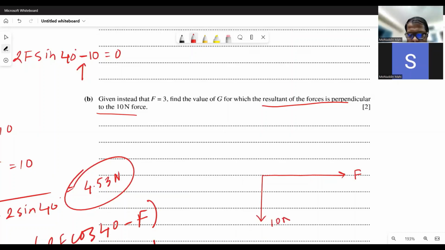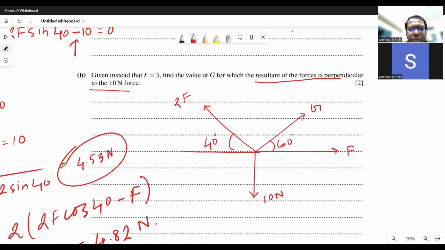G was at a 60-degree angle, and twice F was at an angle of 40 degrees with the horizontal.